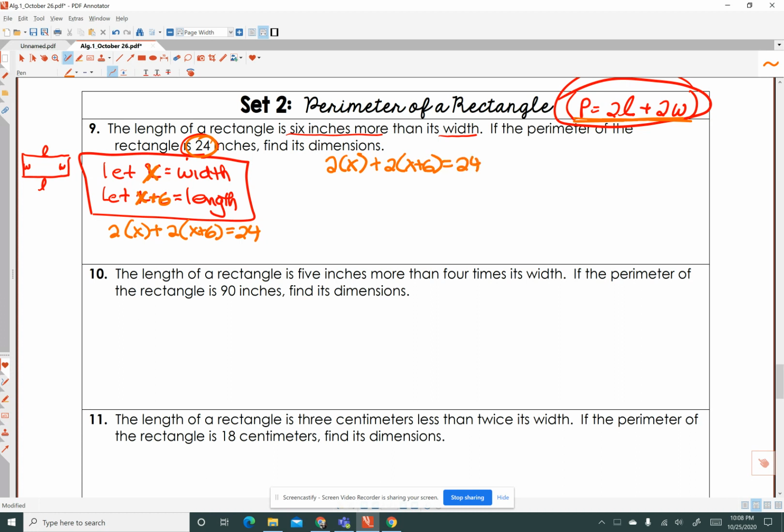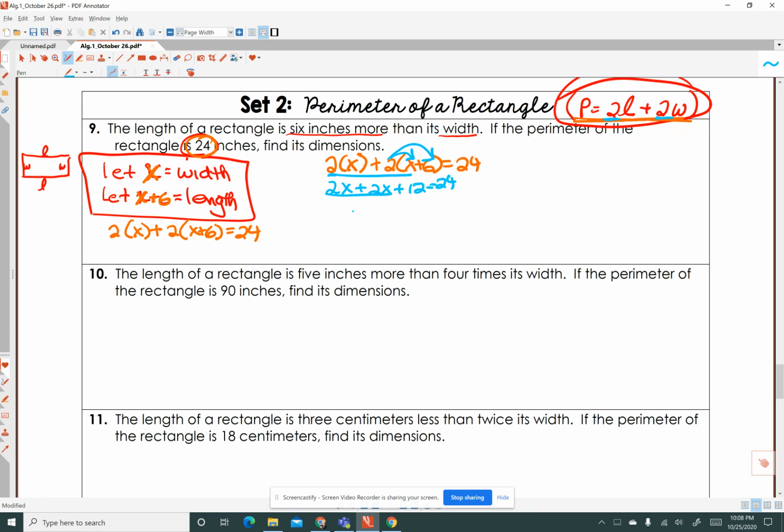And remember, we have those 2's here and here because they're part of the formula for perimeter: 2 times length plus 2 times width. So we can combine like terms. 2x plus, well, let's distribute first. We should do that first. 2x plus 2x plus 12 equals 24.